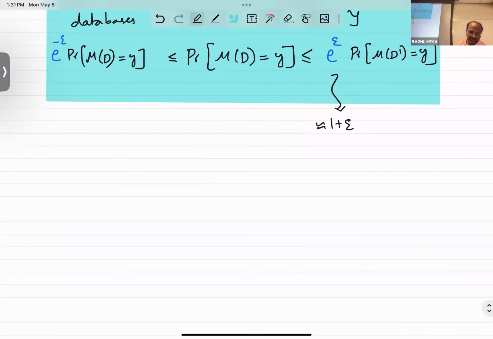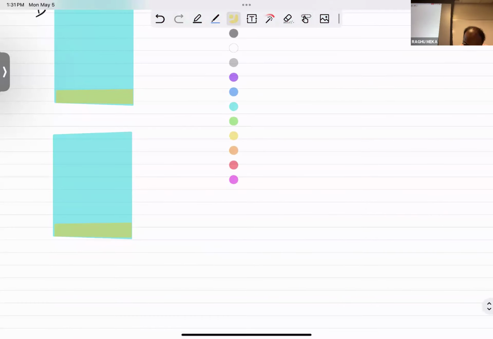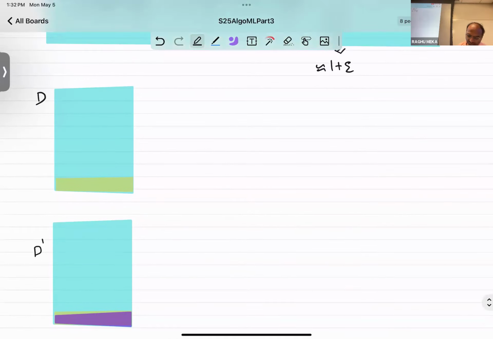Another way to visualize this is, maybe I have one database, D, and maybe this is my other database, neighboring database, D prime. When I run the mechanism on it, let's say the output y is integers. The labels, what the mechanism outputs, are integers.